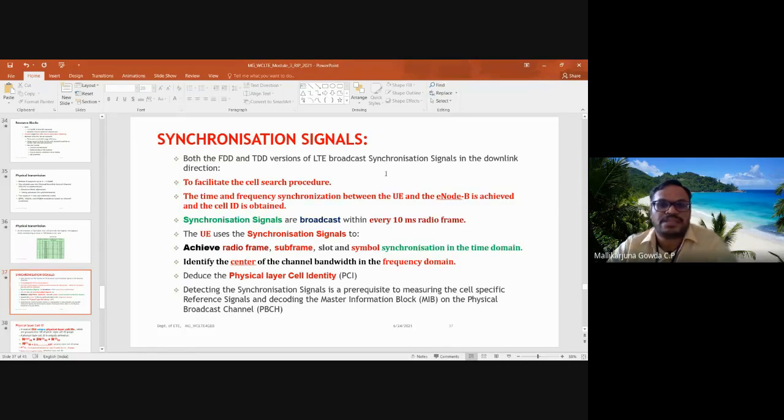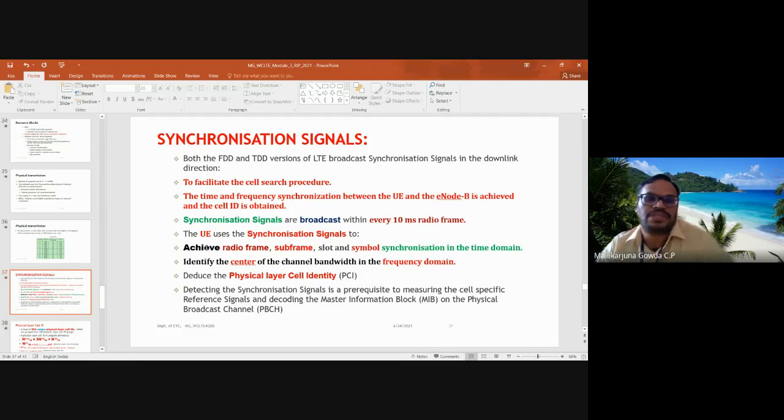The user equipment uses the synchronization signals to achieve the radio frame, subframe, slot, and symbol synchronization in the time domain. So it is very important.